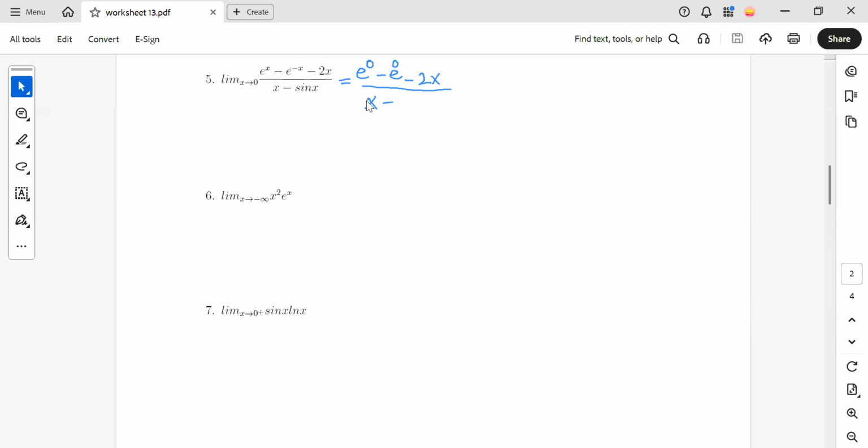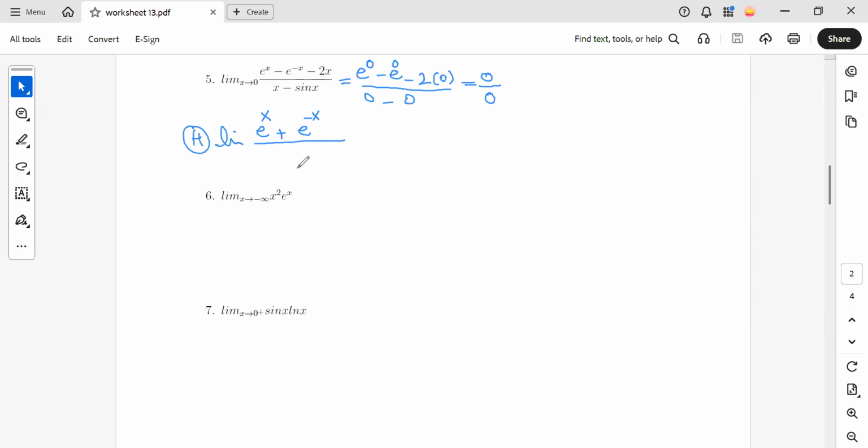So 0 minus 0. We would have 0 over 0, and now we think of using L'Hopital. We would have limit, derivative of the numerator. We know that derivative of e to x is e to x, minus derivative of e to negative x, which is a copy of itself times derivative of the power, which is negative 1.